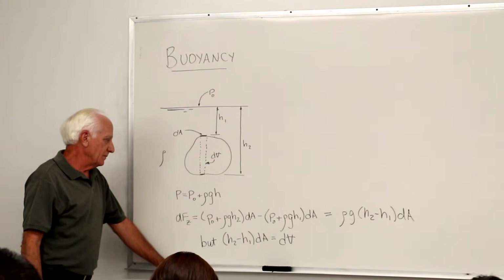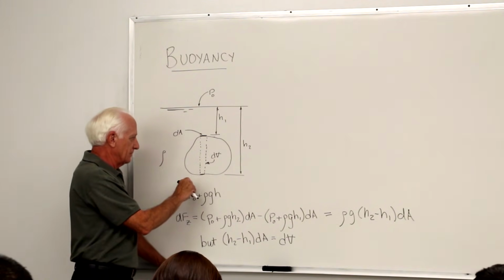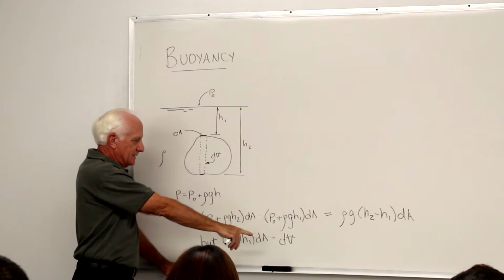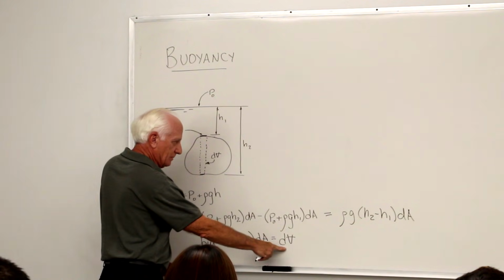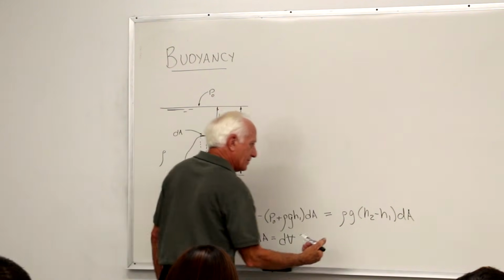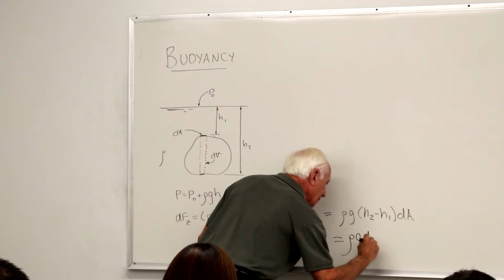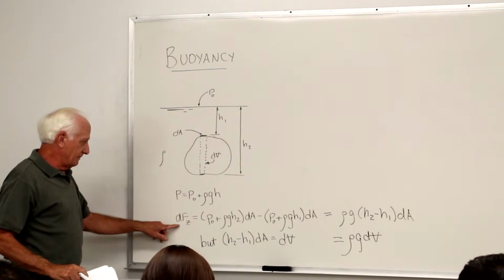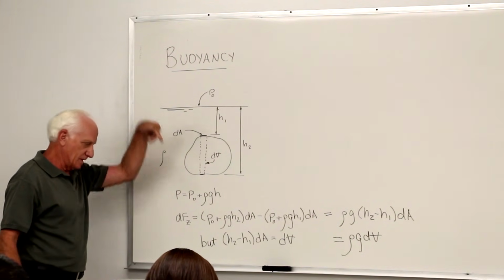But notice what the differential volume dV is. dV, the differential volume. It's the area times the height. What's the height? H2 minus H1. So this is like a differential volume. So replace that with the differential volume. So dF of z, the z direction is vertical in this picture of the vessel.